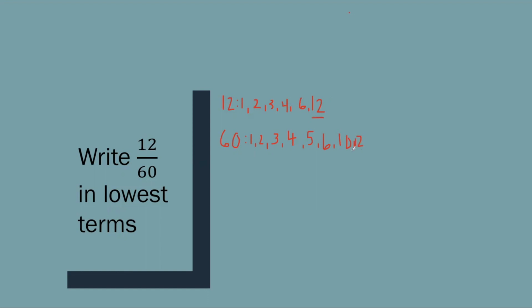So we know our GCF is going to be 12. 12 divided by 12 is 1, and 60 divided by 12 is 5. So 12 over 60 in simplest form is 1 over 5.